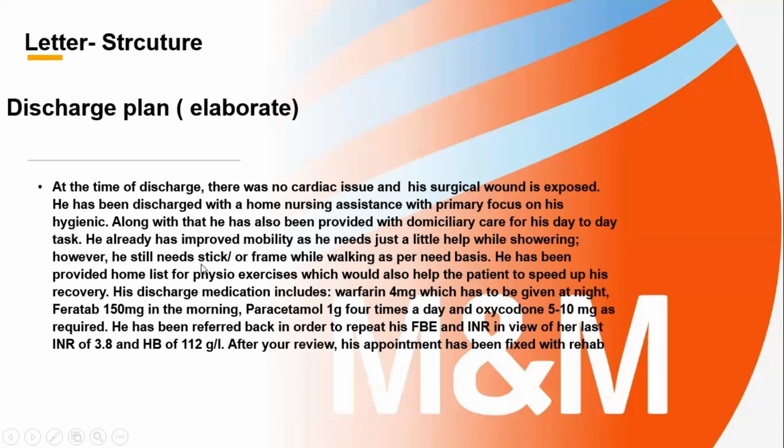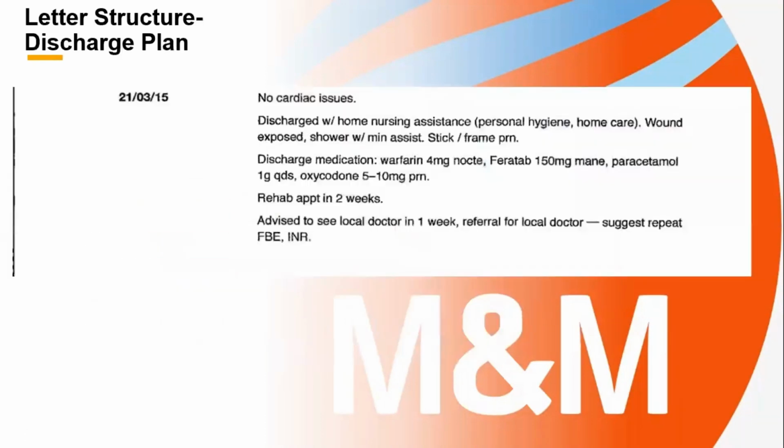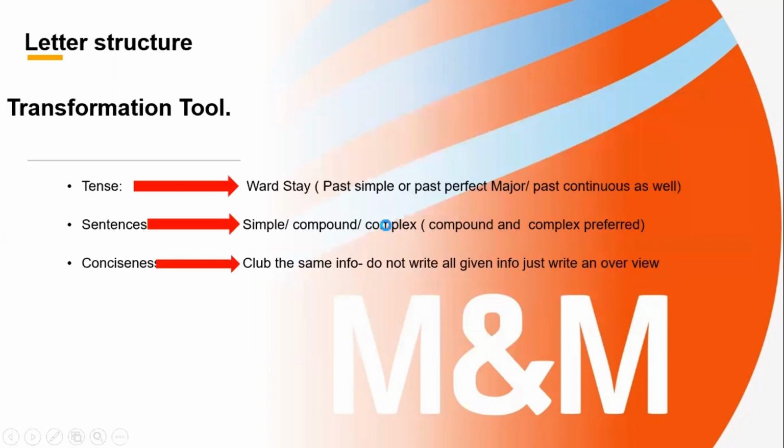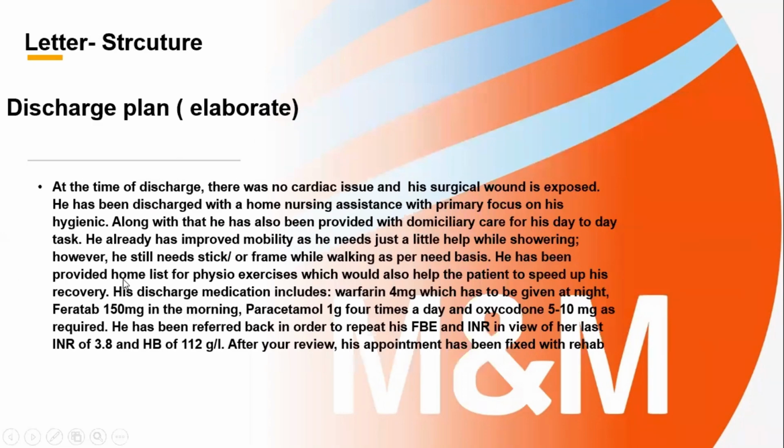However, he still needs a stick or frame while walking as per need. It is important to make a clear approach. Certain things can be interrelated: he needs just a stick or frame and minimum assistance, and in the last visit it was written that he has been becoming gradually independent. So we have written them together in one line.